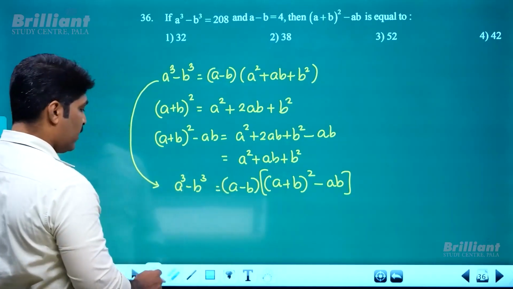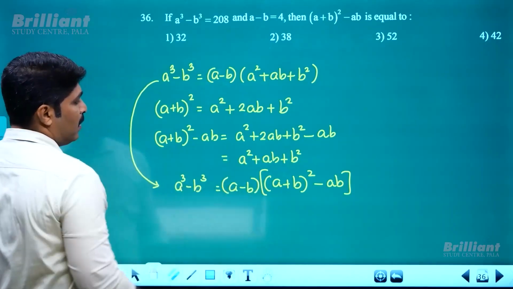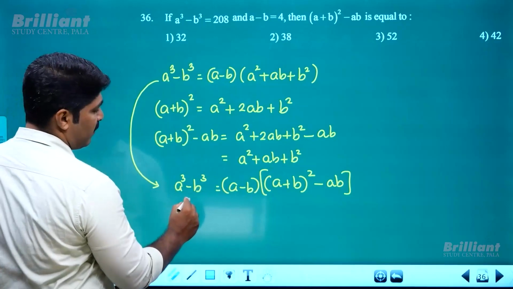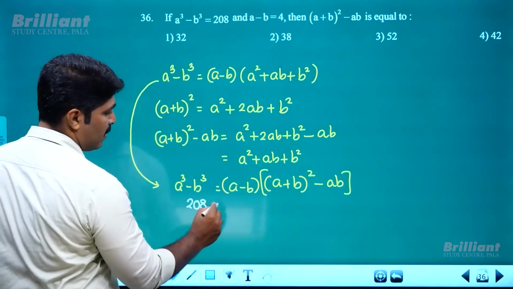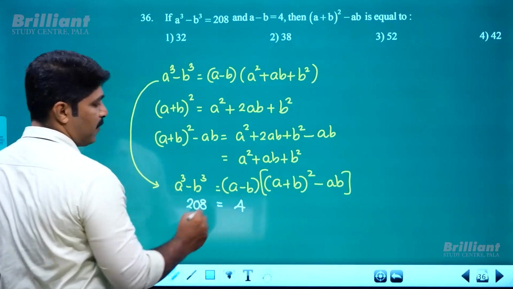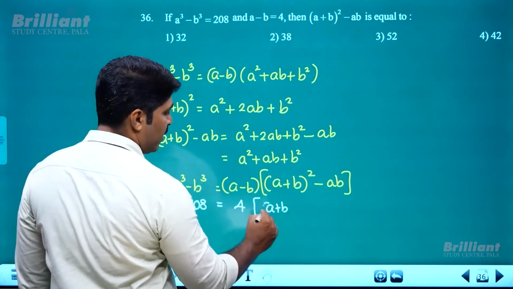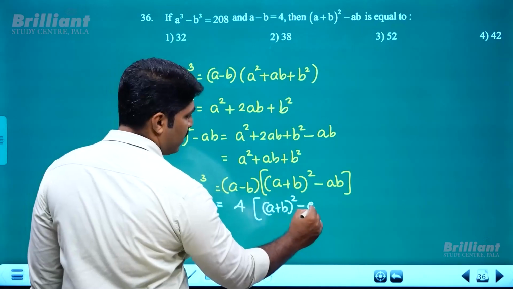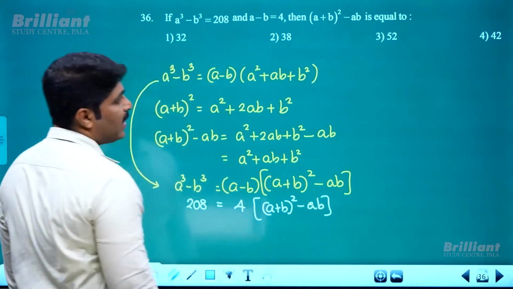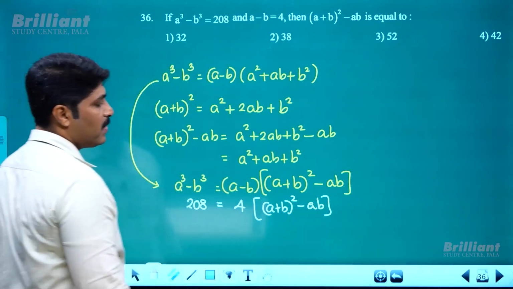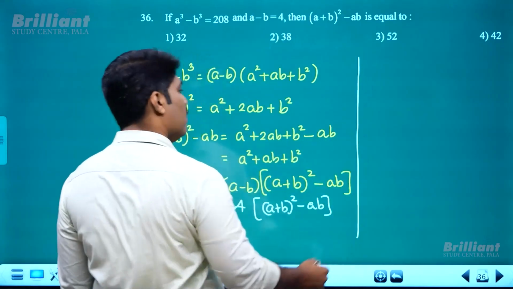And it is given that this a cube minus b cube is 208, and a minus b is 4, into our required expression. What is the required expression? A plus b the whole square minus ab. Then you can easily find it from this step.